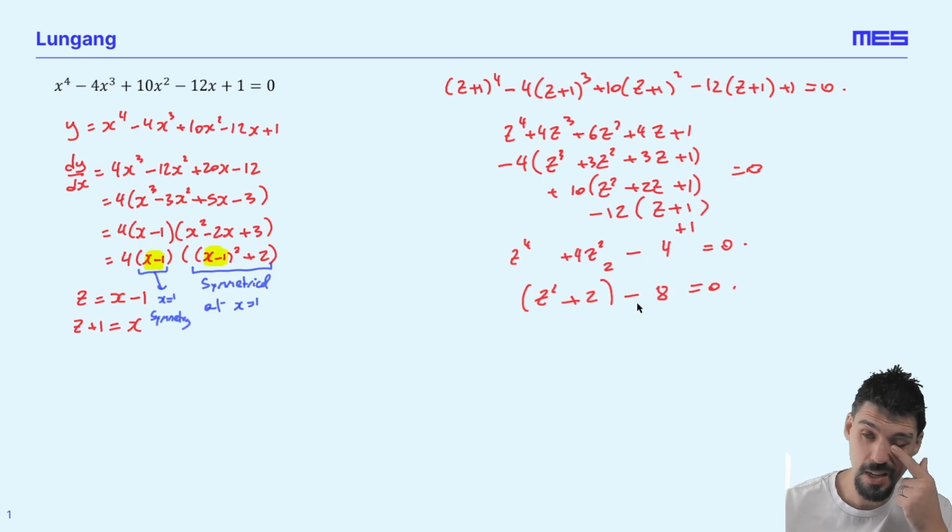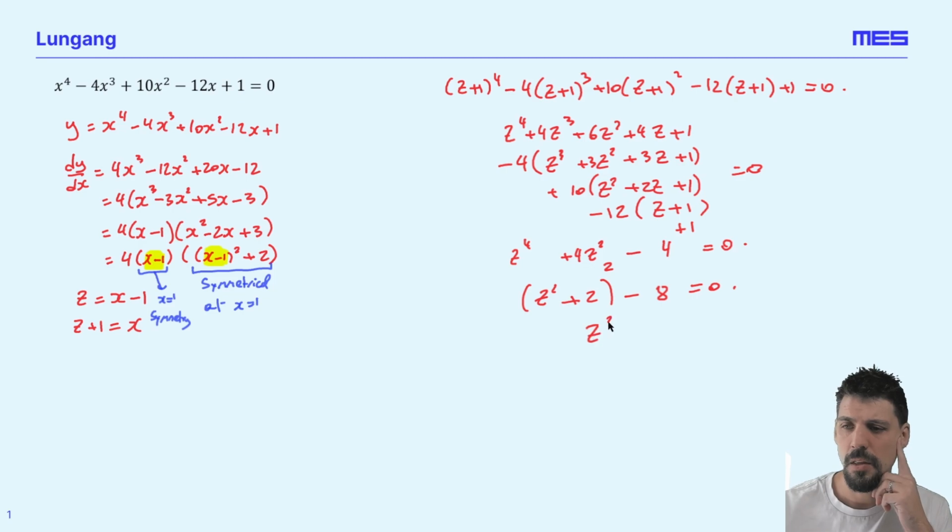There we go. So z squared I got right, is minus 2 plus or minus root 8, which is 2 root 2.